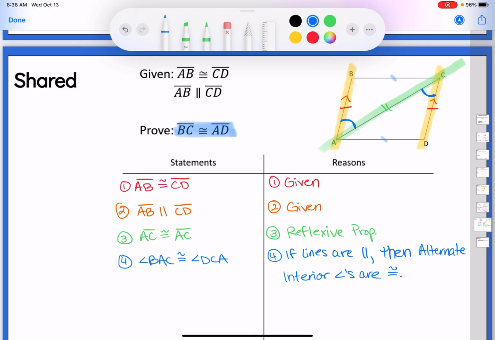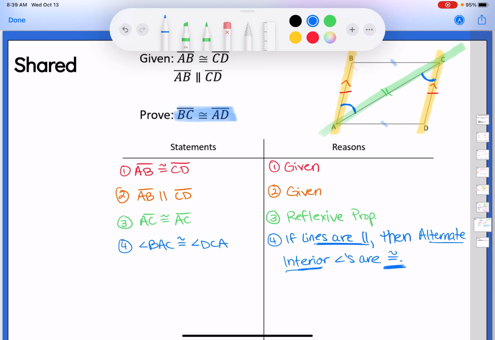Okay, so if the lines are parallel, then the alternate interior angles are congruent, right? So make sure that your if is that the lines are parallel this time. In the then part, make sure you say what type of angles they are and make sure that you say that they are congruent, right? Because no matter what type of lines you will always have alternate interior angles, but they're congruent when the lines are parallel, so be careful, okay?